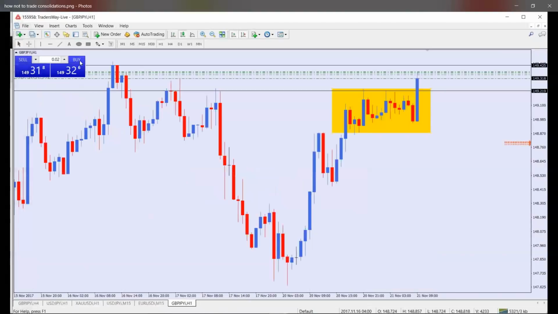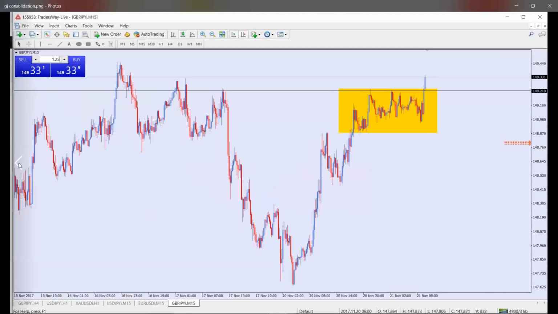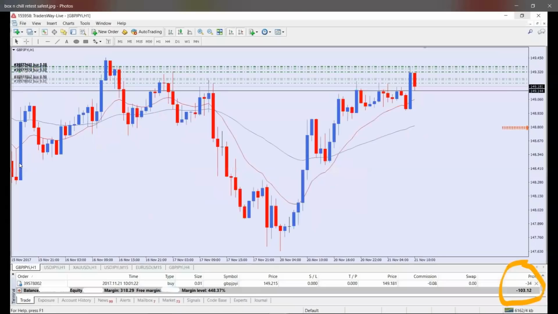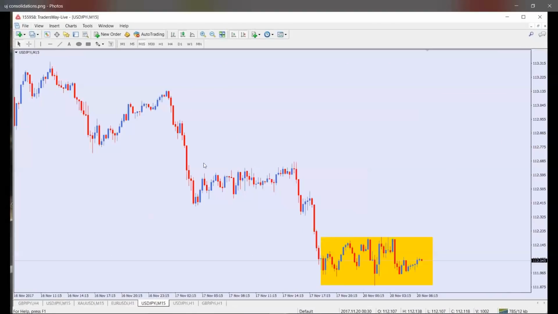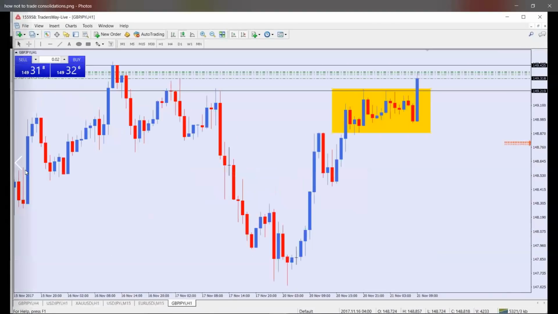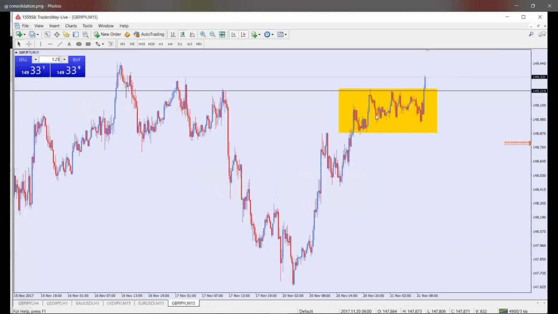Okay, now this right here was a really bad trade. Let me show you. I anticipated a break. I think this was the day I took the trade. Yeah, this was the consolidation I drew, and since the price was breaking out of the box, I was like, I'll take buy trades.